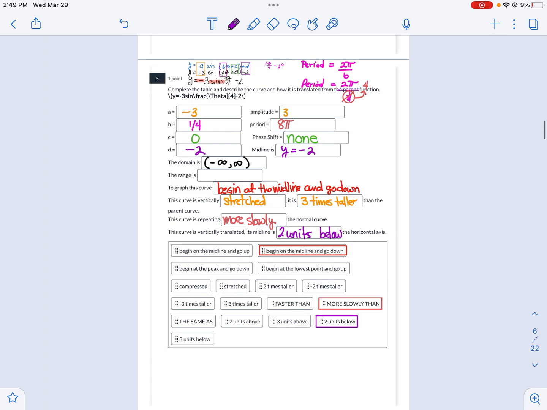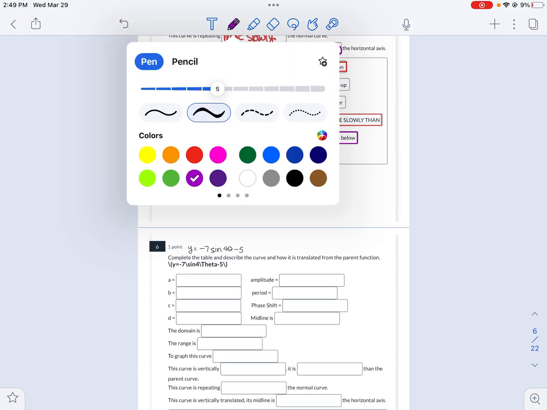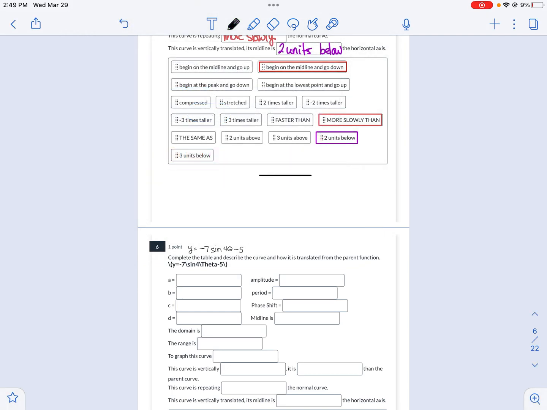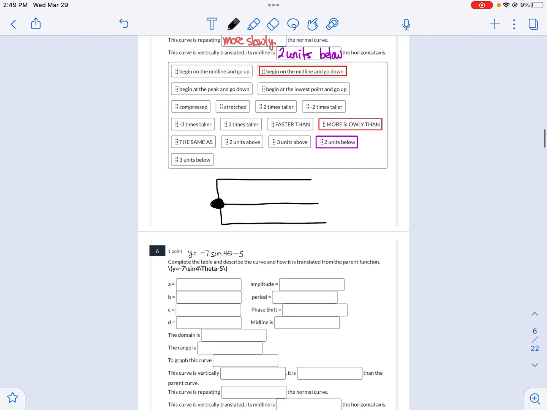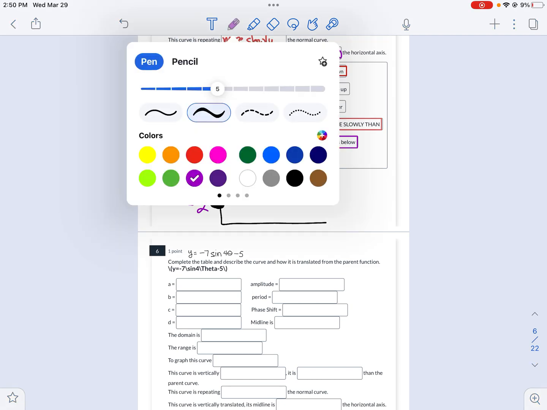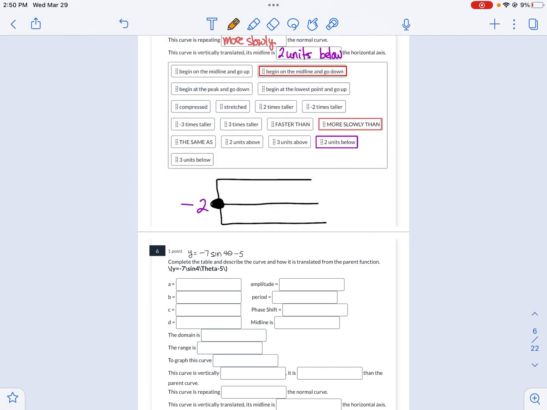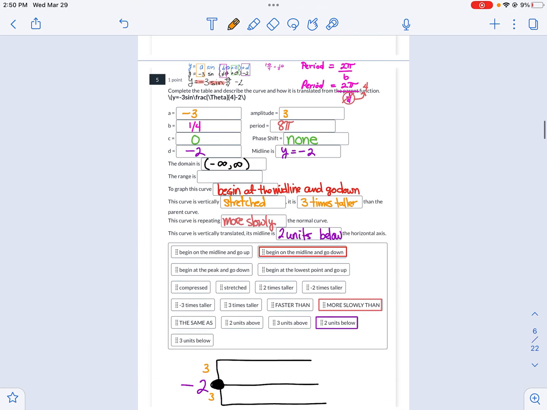Alrighty. So if we were to graph this, our midline is at -2. Our amplitude is 3, correct?